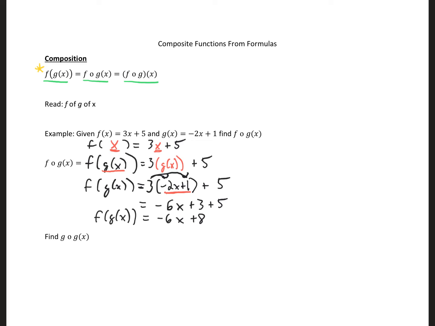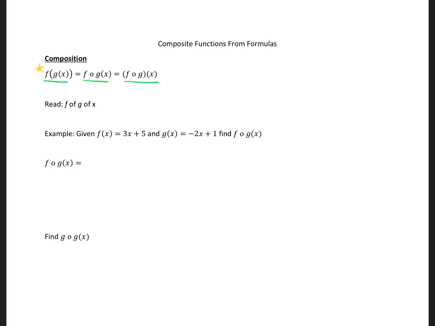Alright, so let's try the one below. Find g of g of x. Alright, let's start first by writing this with the different notation. G of g of x is saying to find this. Okay, well above that, I'm going to note the original g of x function. G of x equaled negative 2 times x plus 1. So I'm replacing that x there with g of x.